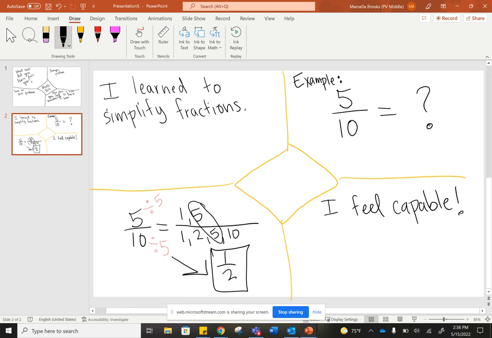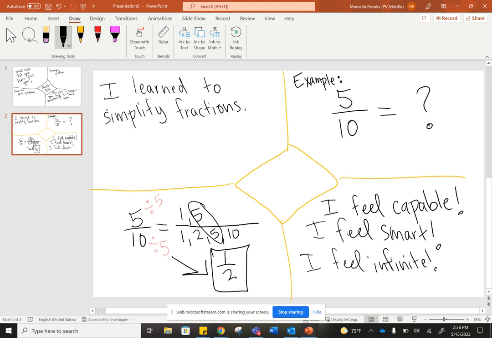That's an example. I feel smart. Another example. I feel infinite. I mean, I'm really going hard here, but I feel infinite. I feel powerful. You don't have to write this many sentences. I want you to write one full sentence on how it makes you feel, okay?